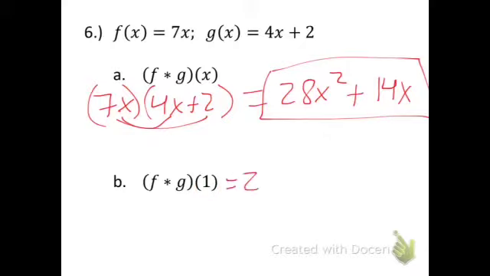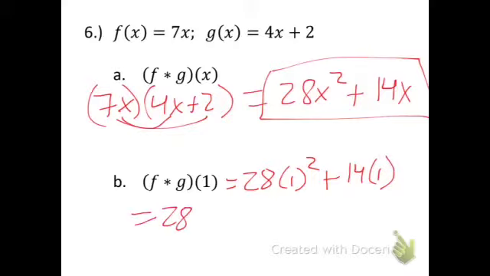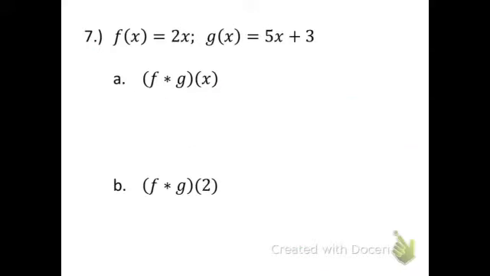You're gonna get 28 times 1 squared plus 14 times 1. Well, the 1 really doesn't do anything, so you're looking at 28 plus 14, which is gonna give you 2 on the end, carry it, 42. Oh, that last little bit was horrid. Alright. Moving on to 7.